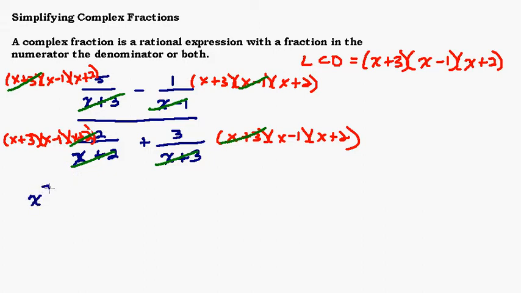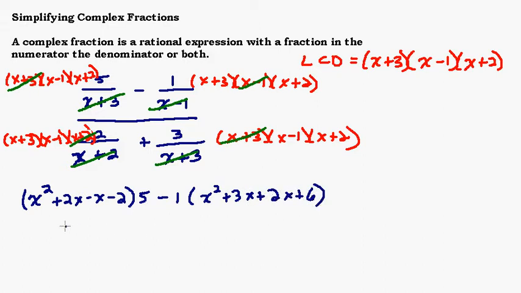X squared, I'm doing FOIL up here, plus 2x minus 2, and I still have to take that whole thing times 5, minus 1 times, I'm going to FOIL x plus 3 and x plus 2, x squared plus 3x plus 2x plus 6. Now in the denominator, I'm going to FOIL x plus 3 and x minus 1.